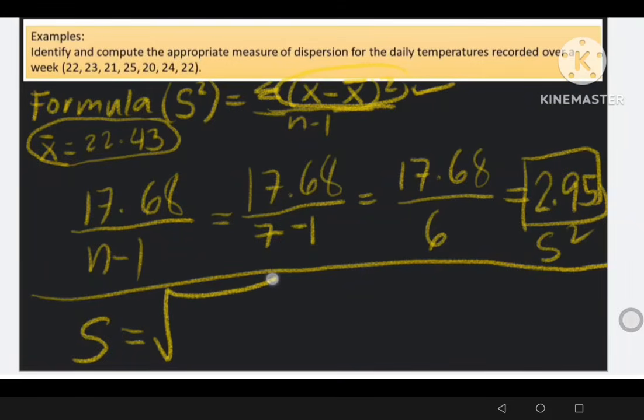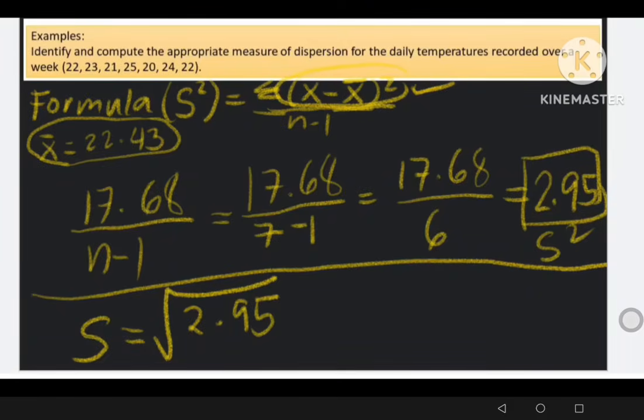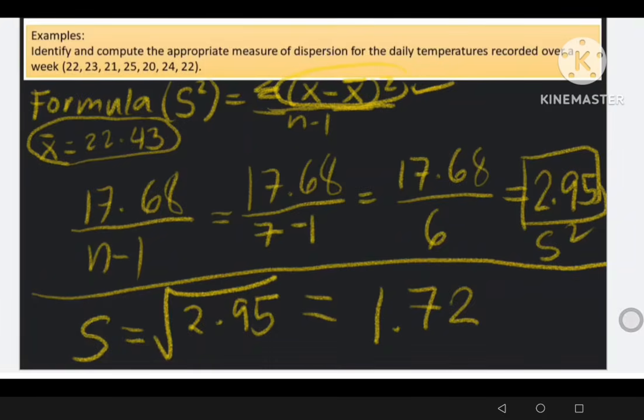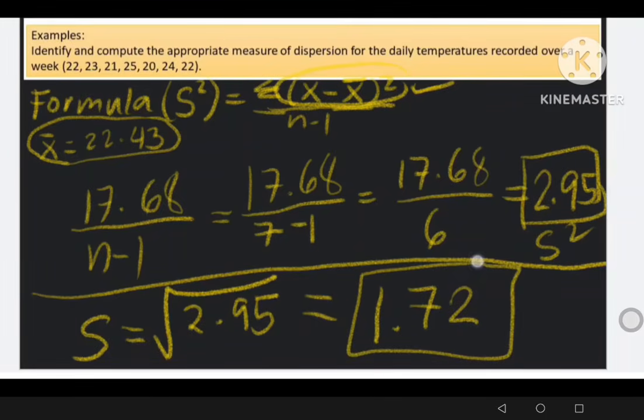So we have the square root of 2.95. Computing it in our calculator, the result is 1.72, since the actual result is 1.717556 and so on, rounded to two decimal places. So in conclusion, our standard deviation is 1.72 and our variance is 2.95.